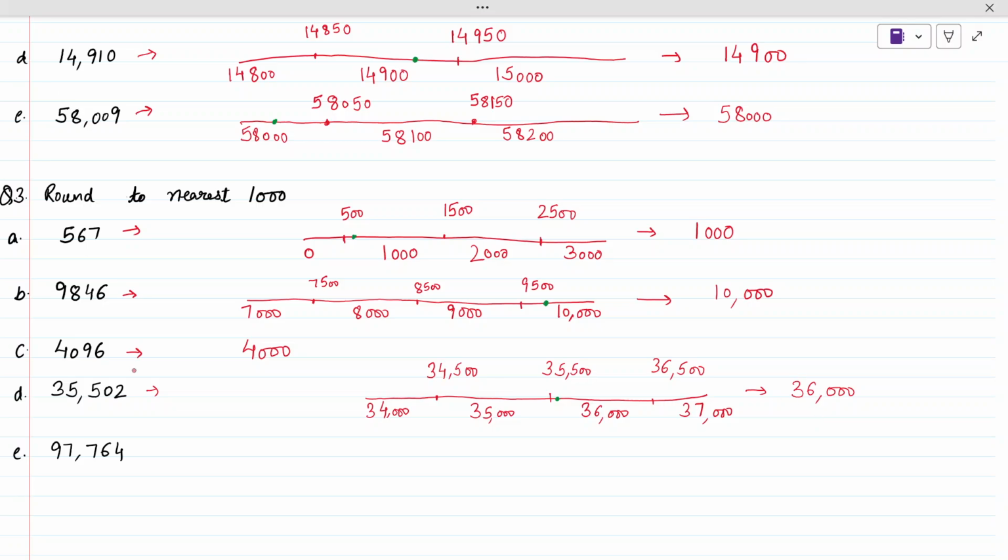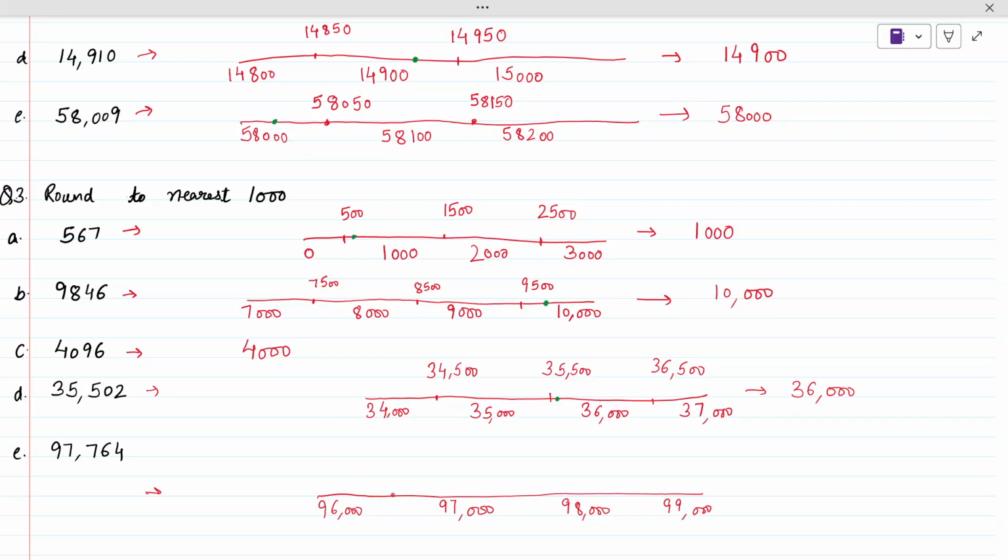Okay, the last question, I'm making a number line here and यहाँ पे I will start from, let's say, 96,000, 97,000, 98,000 and let's say 99,000 also.